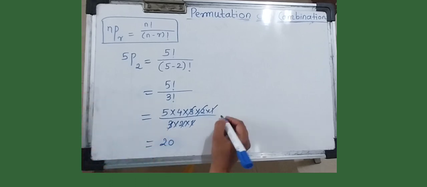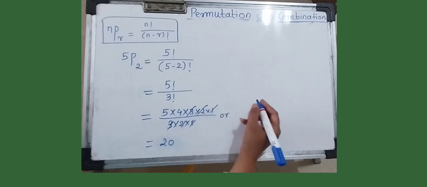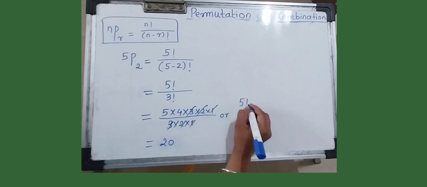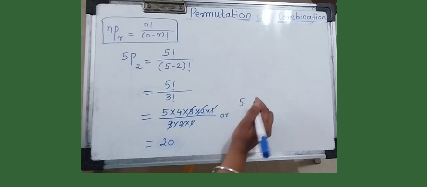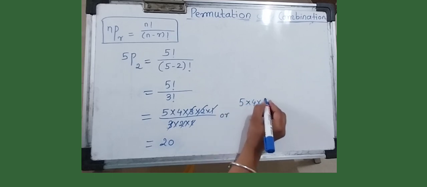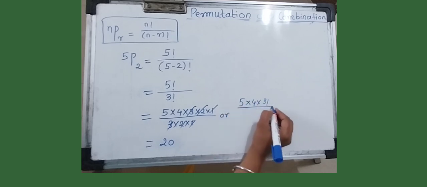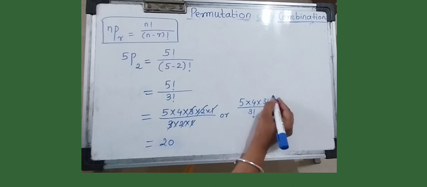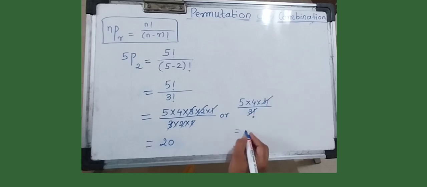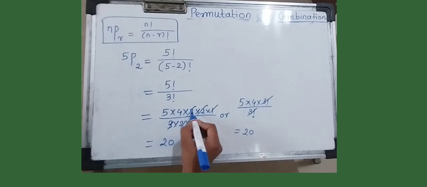Instead of this step, I write here 5 factorial as 5 into 4 into 3 factorial, upon 3 factorial. So 3 factorial gets cancelled. The answer is 20. Okay, clear? Because 3, 2, 1 is 3 factorial, so I write directly 3 factorial here. Clear? Take a screenshot.